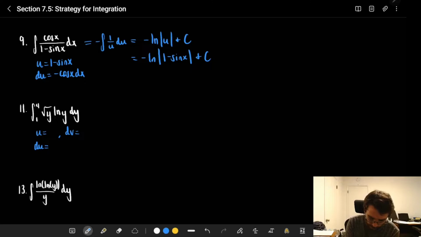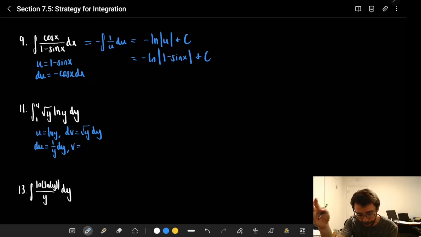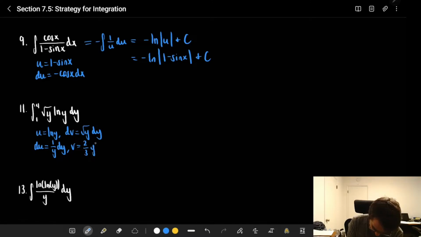So u equals natural log of y, dv equals square root of y dy. Then differentiating natural log gives me 1 over y, which is nice. Integrating y to the 1/2 is y to the 3/2 over 3/2. So that's 2/3 y to the 3/2. And then this works out much nicer when you do your formula.